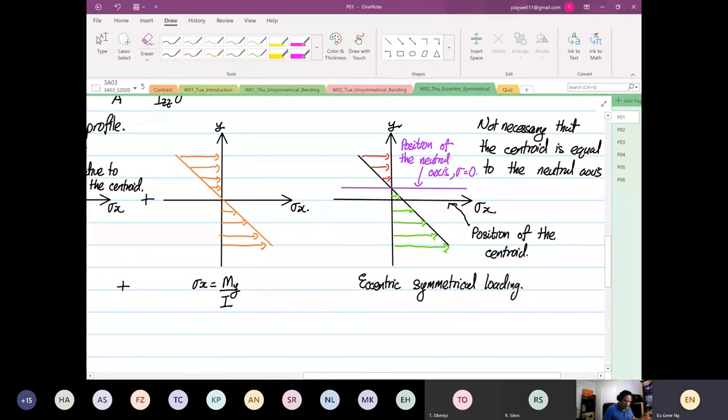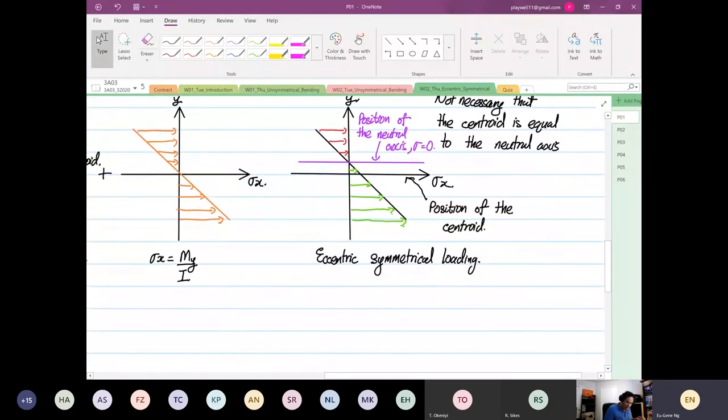When you have eccentric symmetrical loading, the centroid axis location is not the same as the neutral axis.